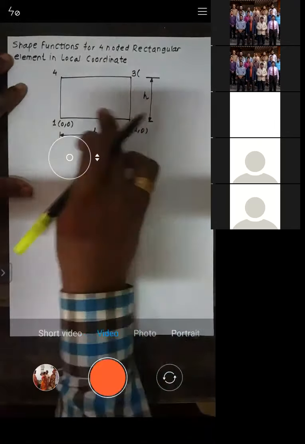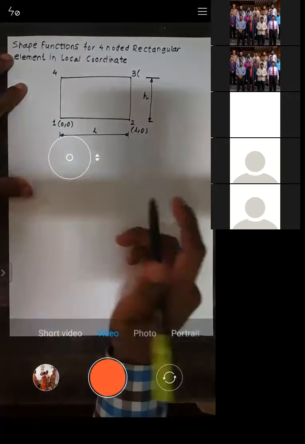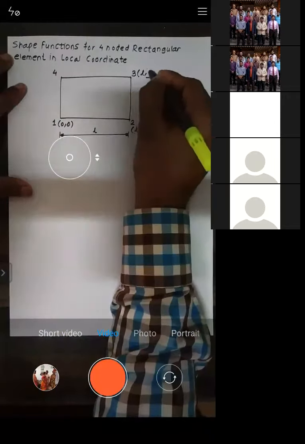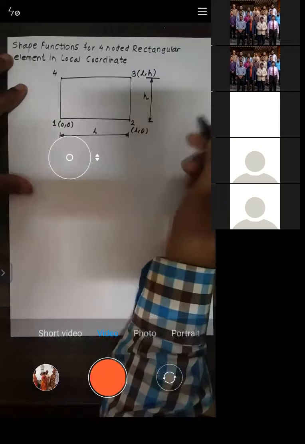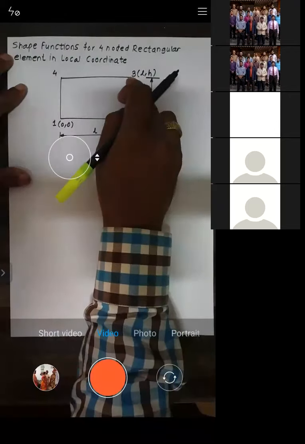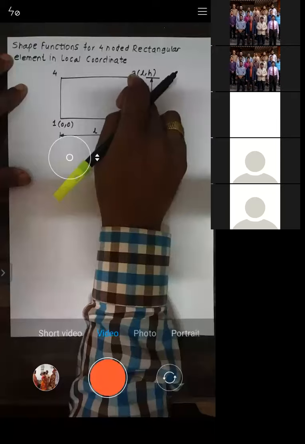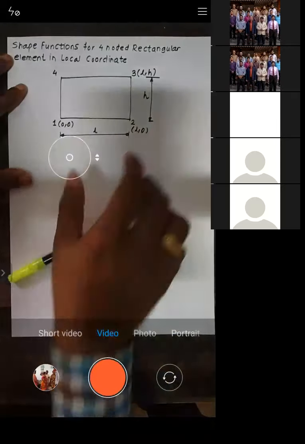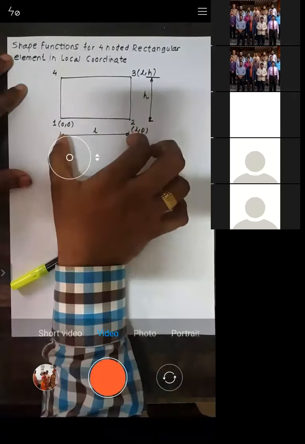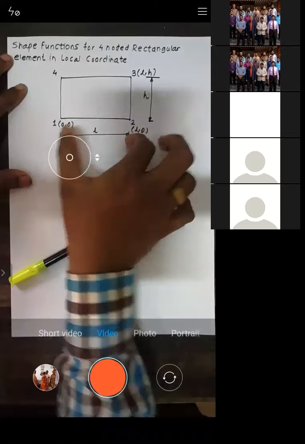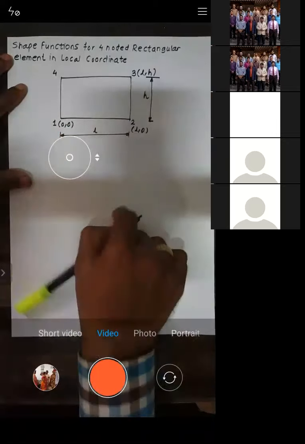It's L comma H. Because to reach node 3 from node 1, you need to move L distance in the X direction and H distance in the Y direction.